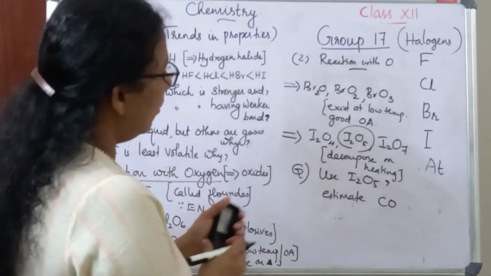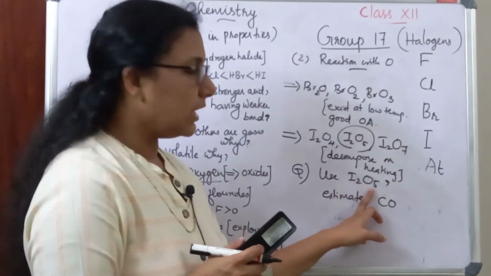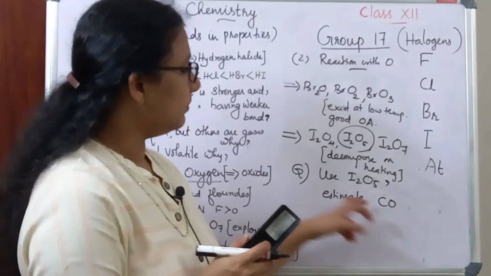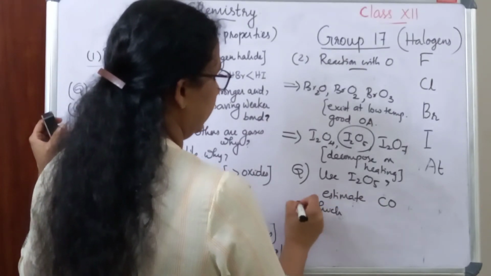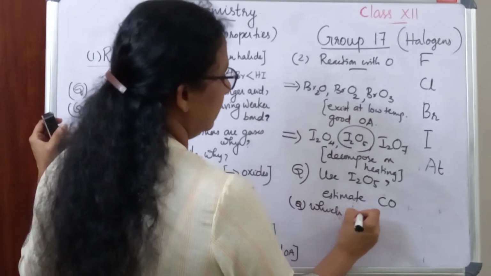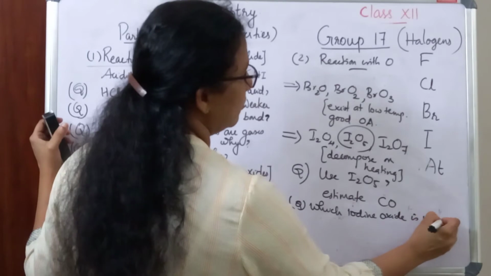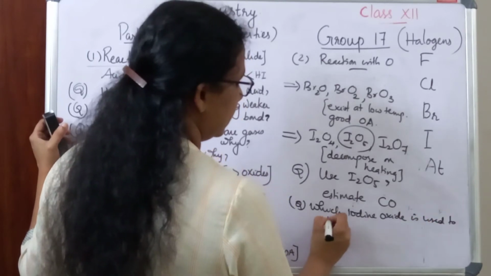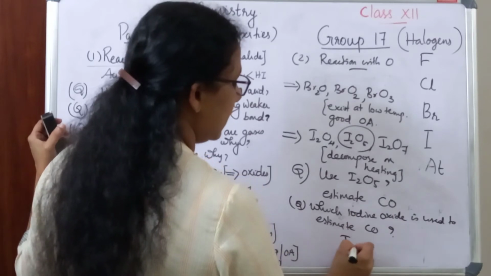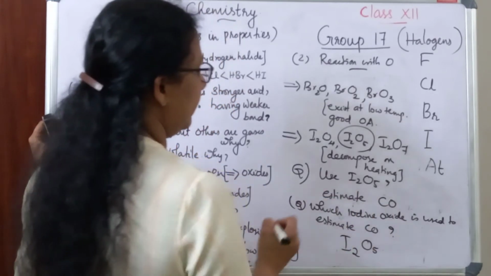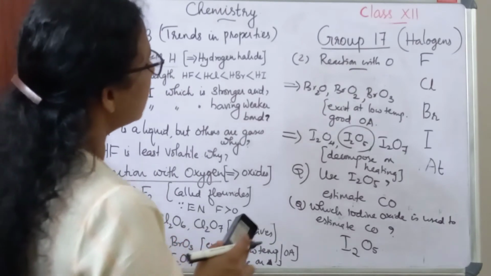Or it can be asked, which iodine oxide is used to estimate carbon monoxide? Here the answer is I2O5. So these are about the reaction with oxygen.